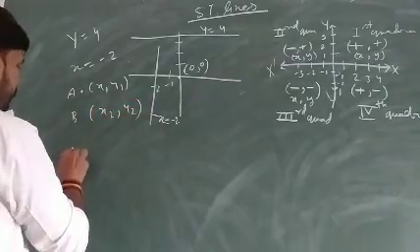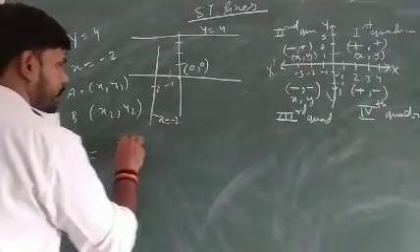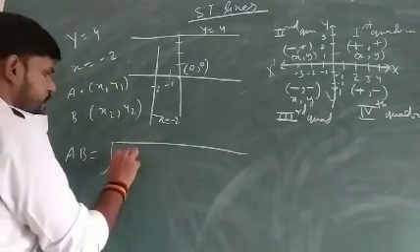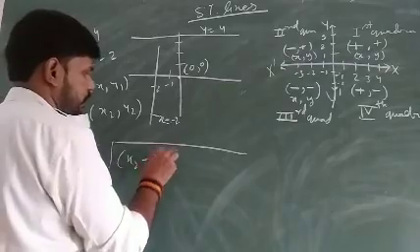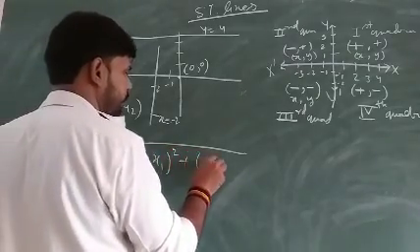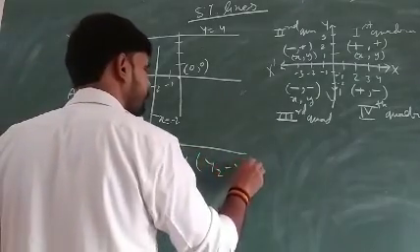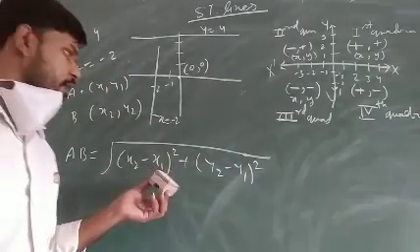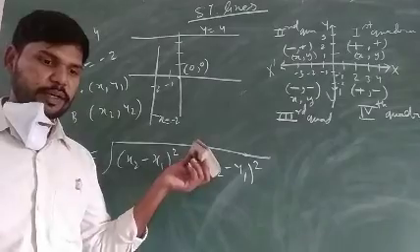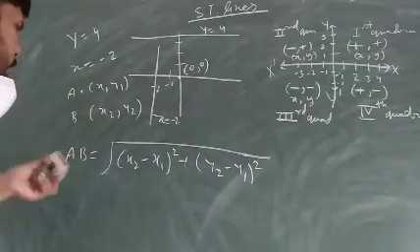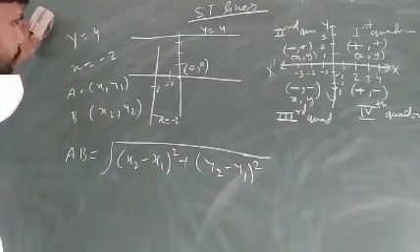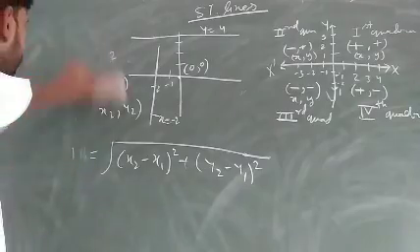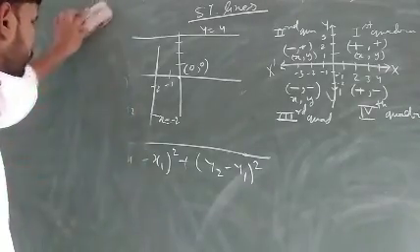Then AB equals the square root of (x2 minus x1) whole squared plus (y2 minus y1) whole squared. Now we will see some more formulas.